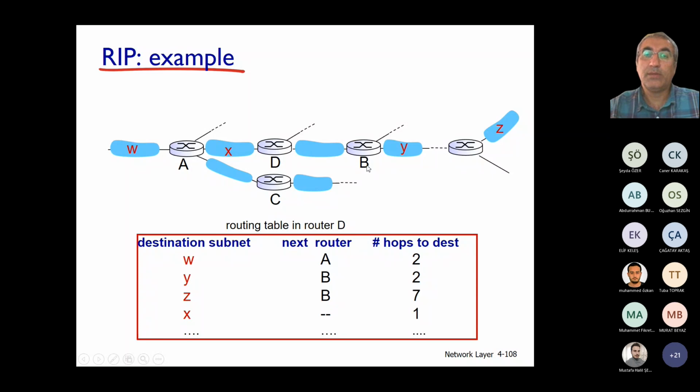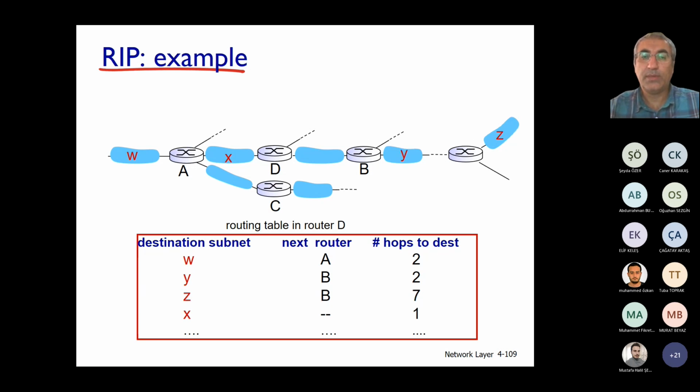And for subnet Y, in order to reach it from router D, the next router is B, and the number of hops is 2. And for Z, the next router is B, and there are 7 hops to reach this destination.